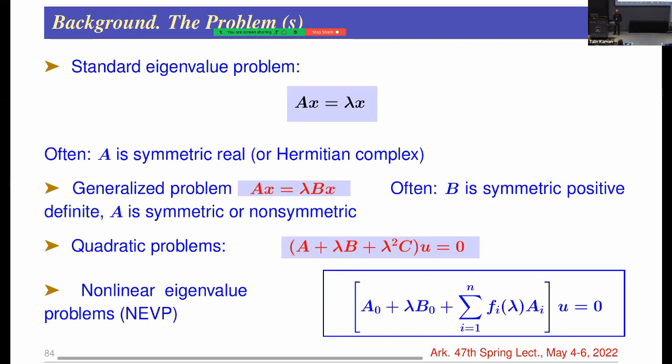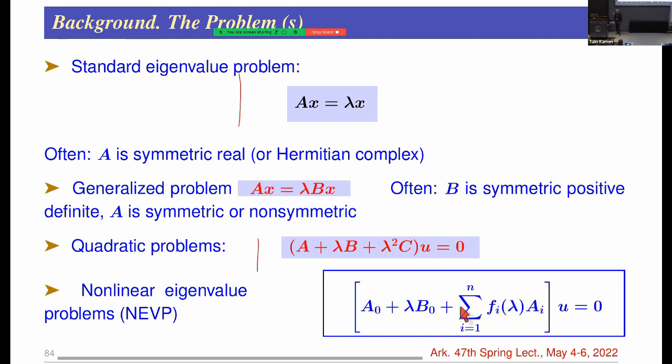So for the eigenvalue problem, you have the various types. There's the standard one, the generalized eigenvalue problem. We have a quadratic and nonlinear. In terms of a nonlinear eigenvalue problem, what is common is essentially to see something like this, where f here is a certain function which is nonlinear.